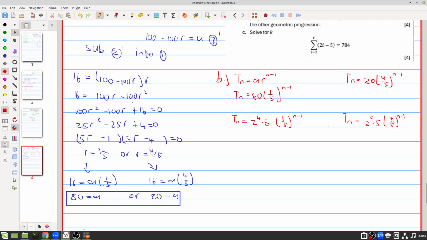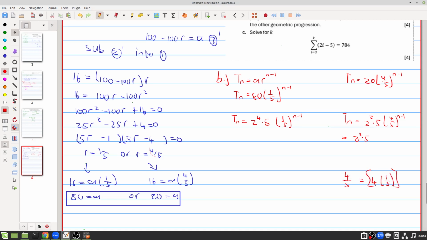Okay, so now we see we have a slight problem here. We've got this 4 over 5, and here we've got 1 over 5. So let's change this one up a little bit. We're going to keep this 2 to the power 2 times 5. But now, this one we're going to split up. 4 over 5 is just the same as 4 times 1 over 5, right?